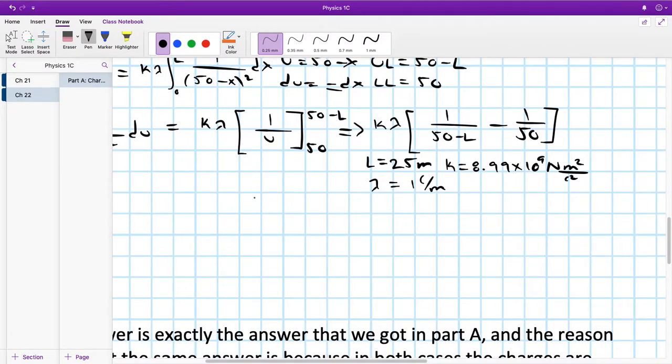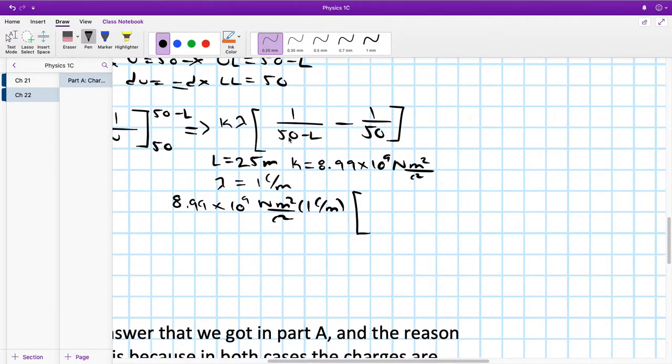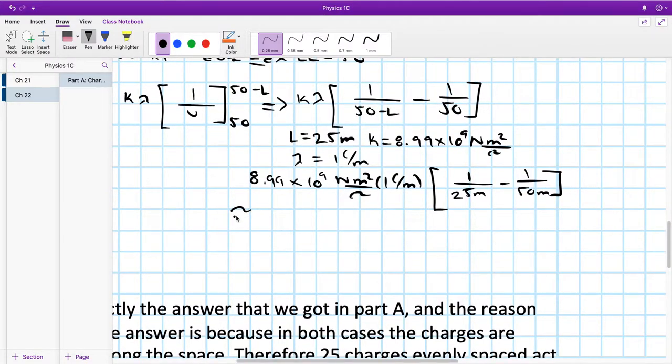We can just simplify, and we can get that 8.99 times 10 to the 9th newtons meter squared over coulomb squared times 1 coulomb per meter times, well, 50 minus L is just 25, so 1 over 25, and we can just put the units in now, meters, minus 1 over 50 meters is approximately, or if you round up, equal to 1.80 times 10 to the 9th newtons per coulomb.